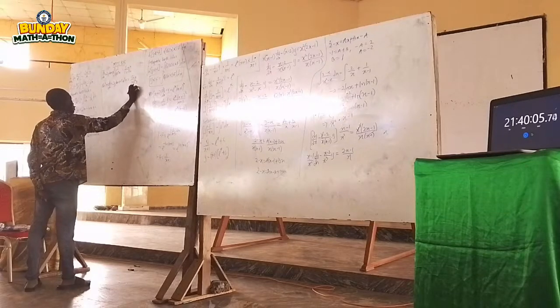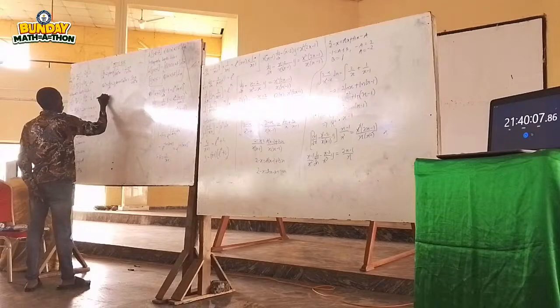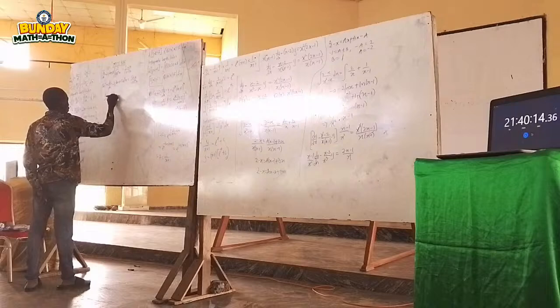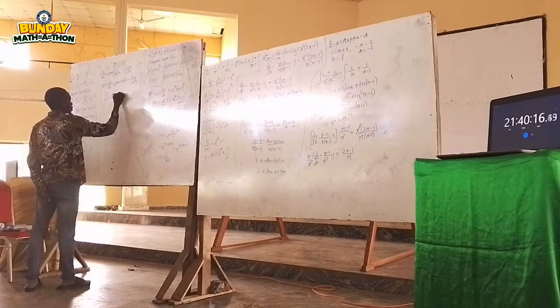Please, are you following? And everything becomes d dx of y multiplied by 1 over cos squared x.